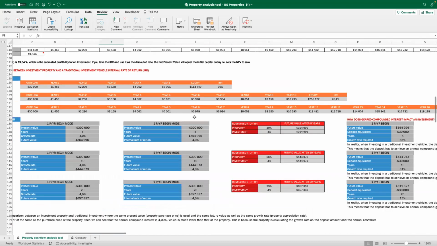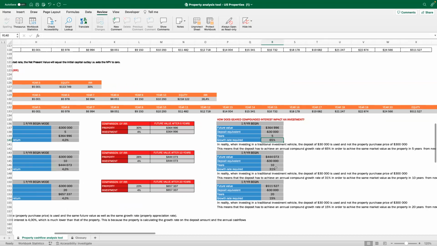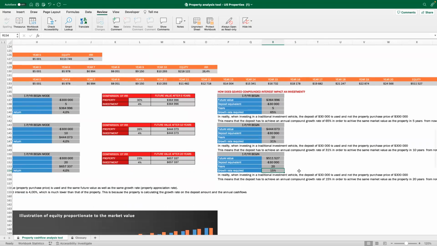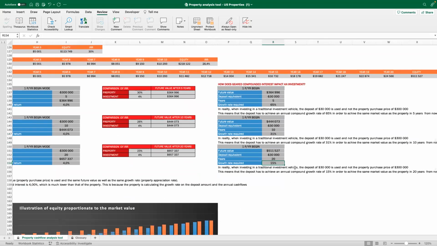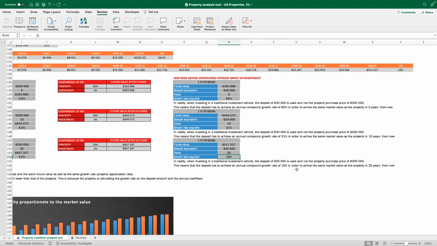So if you were now to do a calculation and say, if I had $30,000 and I put that into a fund, and I got to a future value of $364,996, which is the market value of the property after 5 years, we need to have a compound return of 65% every year, over 10 years, 31%, and over 20, 15%. So this is a bit more realistic if you put it into a share portfolio on the S&P 500.